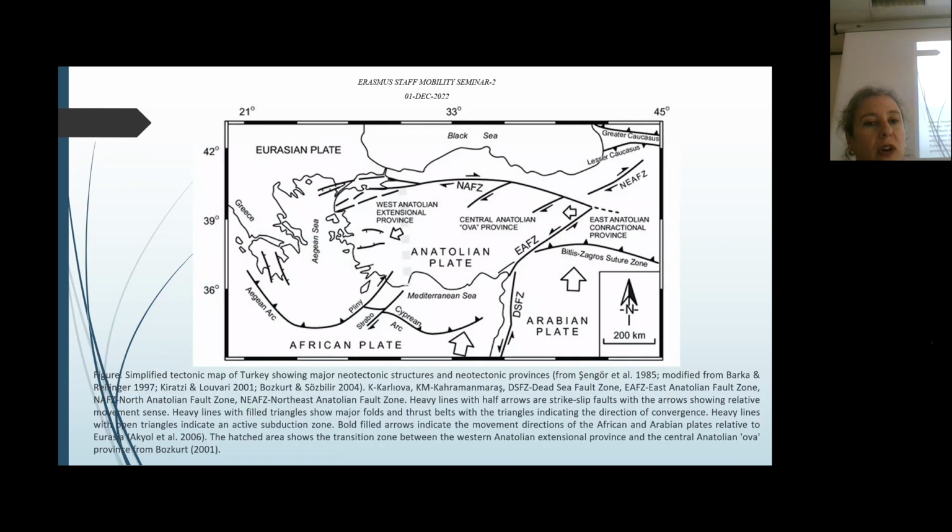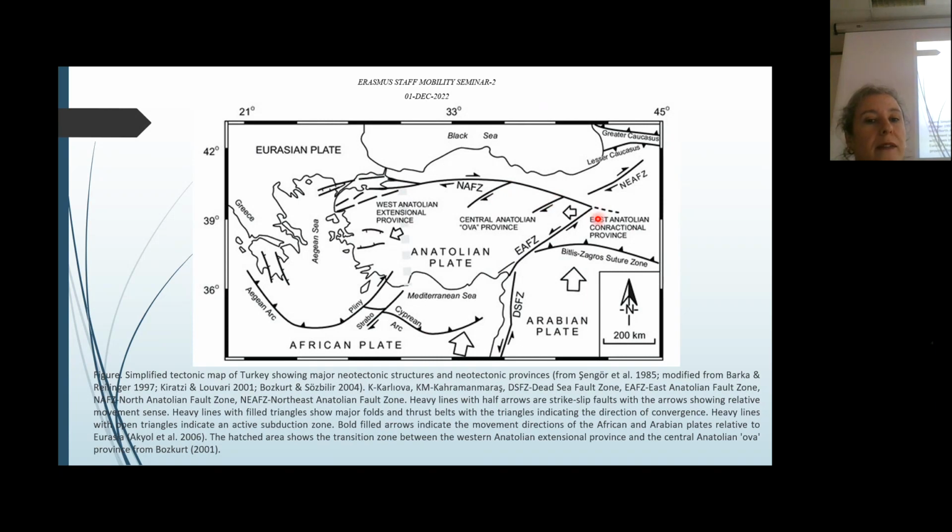In general, when you look at the area, the Anatolian plate, we have a big amount of problems, because the Arabian plate is coming towards the Anatolian plate, and this causes movements, which is the really famous North Anatolian fault zone, similar to the San Andreas fault zone.